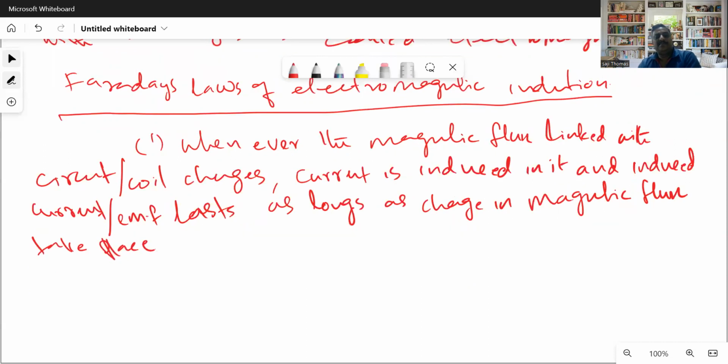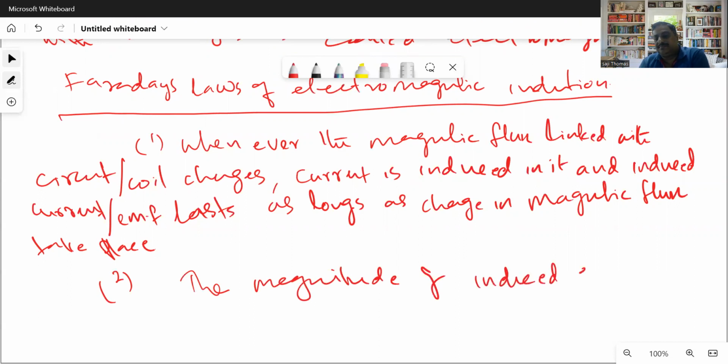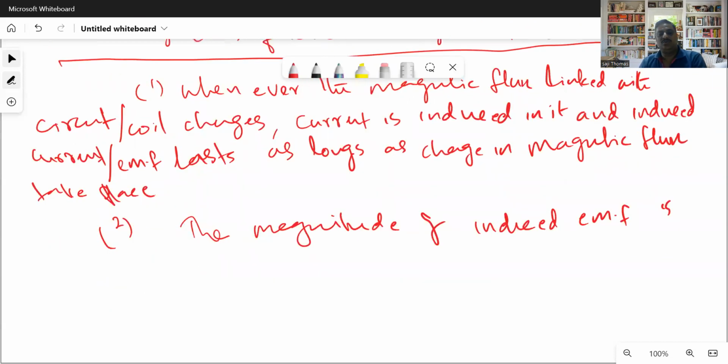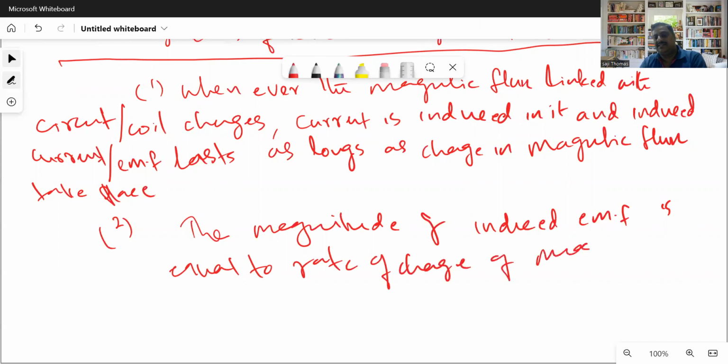Now, second law, the magnitude of induced EMF is equal to the time rate of change of magnetic flux. The magnitude of induced EMF is equal to rate of change of magnetic flux.